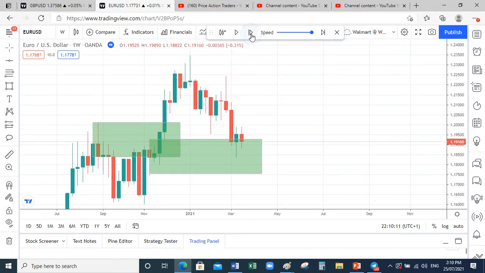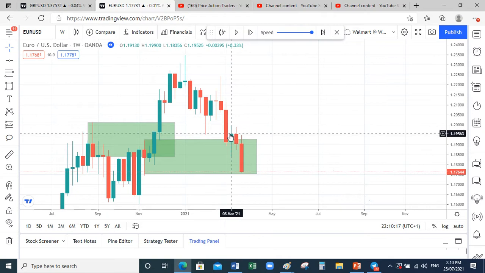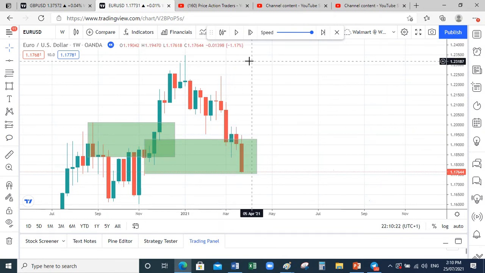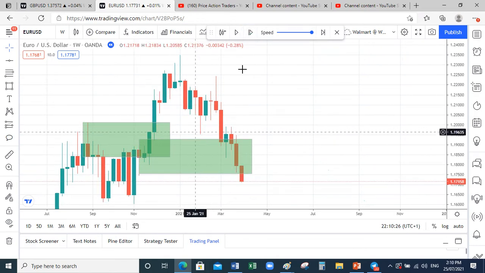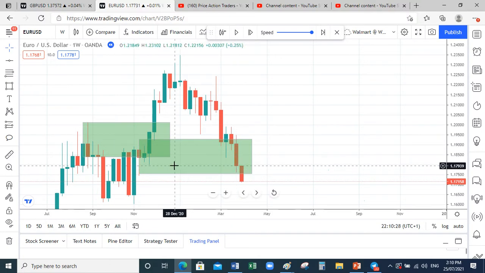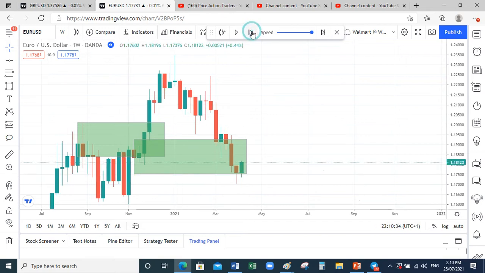Can you see that? Look at this thing, right? Decision point. You see that price will be withdrawn here. See the withdrawal.